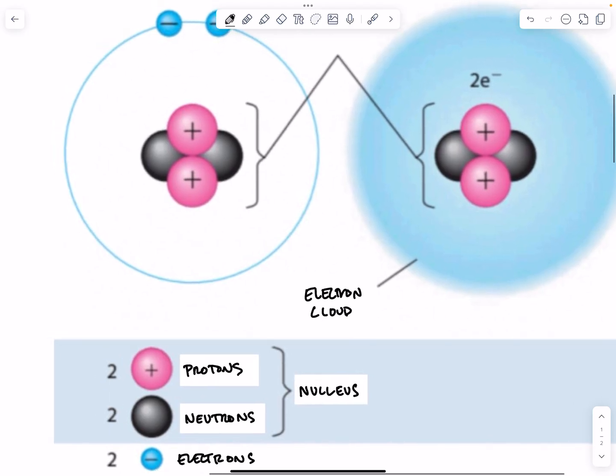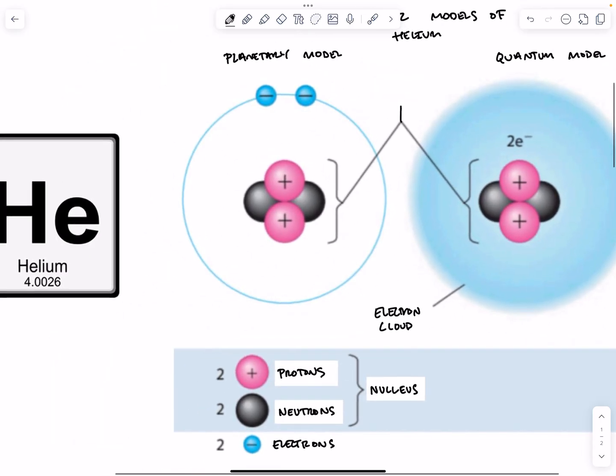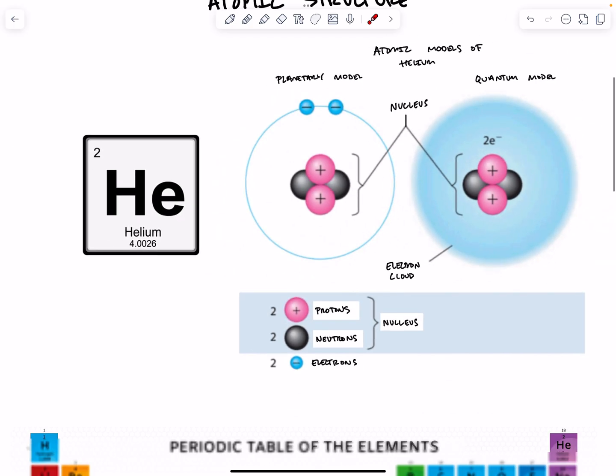And this area right here is the nucleus in both of these models. And then electrons orbit the nucleus in orbitals, regions where they are likely to be found.